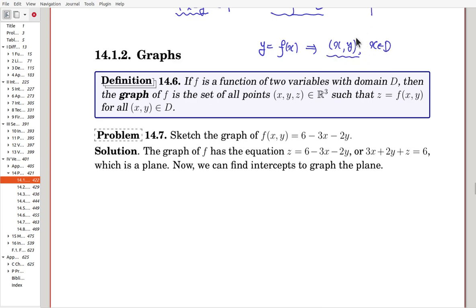That is the graph. So we can write it in this way, exactly the same way for the graph of a function of two variables.